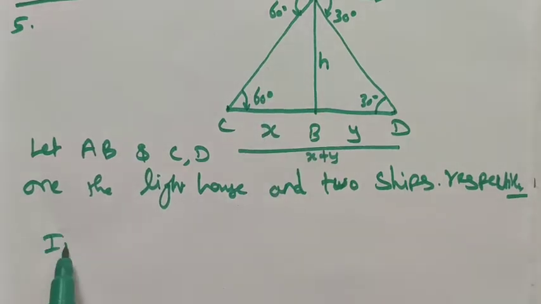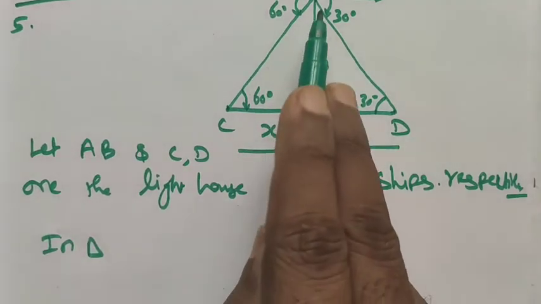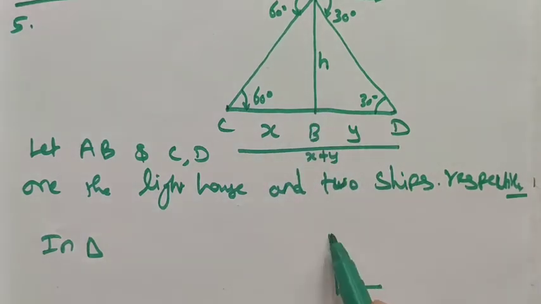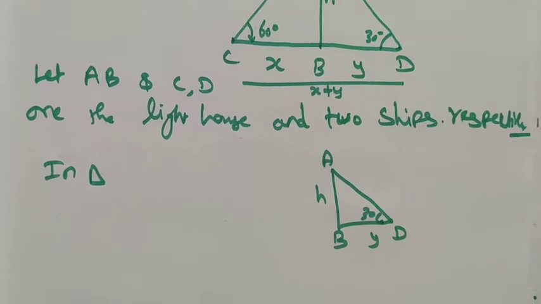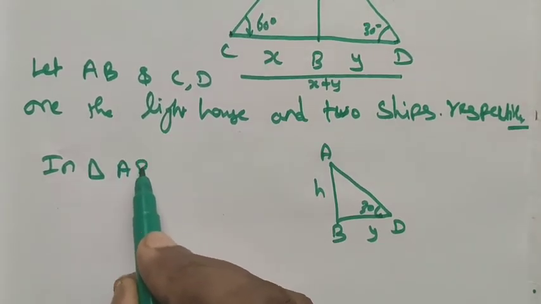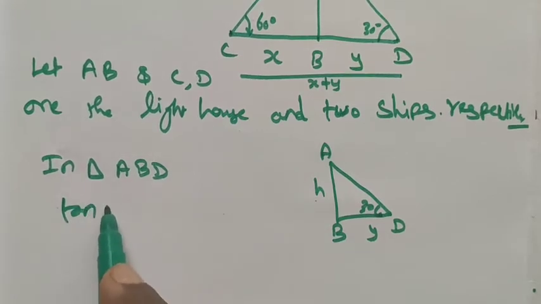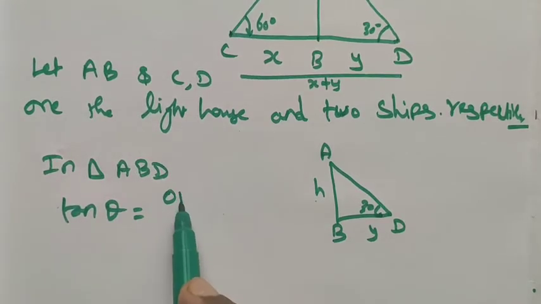First I take the triangle ABD. This is the triangle ABD. This angle is 30, this is h, this is y. In triangle ABD, opposite divided by adjacent, that ratio is tan theta.